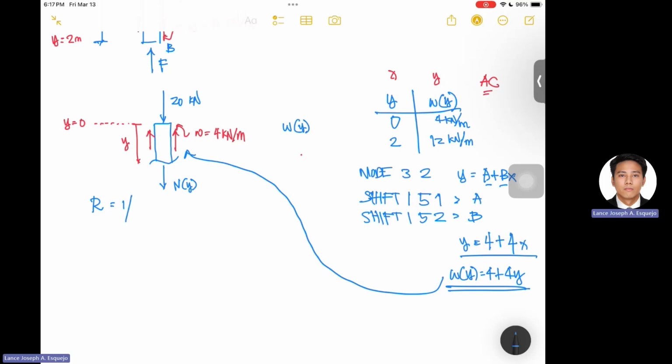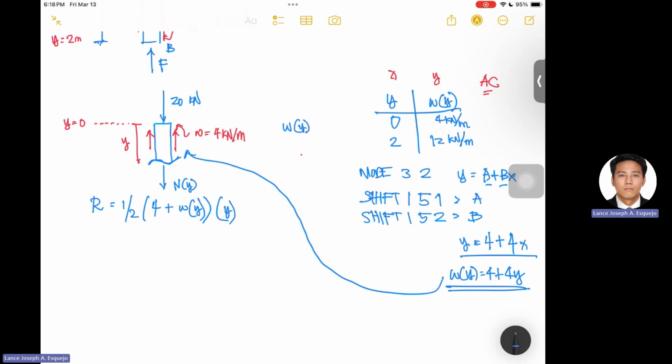Average of what? Average of the load intensity at y equals 0, which is 4, and the load intensity at y equals y, or at the section located. So 4 plus w of y multiplied by the length, which is equal to y also.